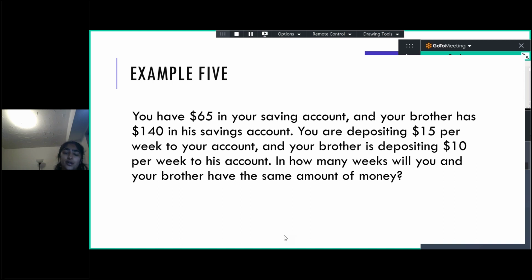So those are your initial amounts in each account. You deposit $15 per week to your account, and your brother is depositing $10 per week to his account. In how many weeks will you and your brother have the same amount of money? So here we have a lot of relationships, and so we need to definitely break down this word problem.